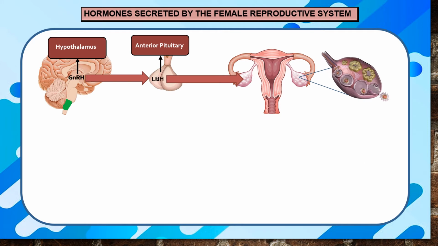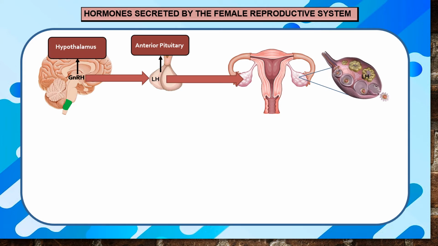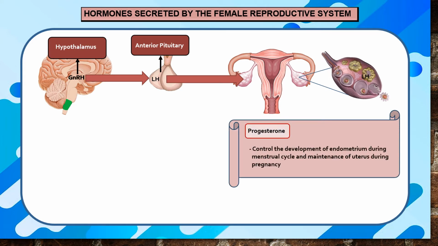LH enters the ovaries to stimulate ovulation and development of corpus luteum. Corpus luteum secretes progesterone. What is the function of progesterone? It controls the development of endometrium during the menstrual cycle and maintenance of the uterus during pregnancy.